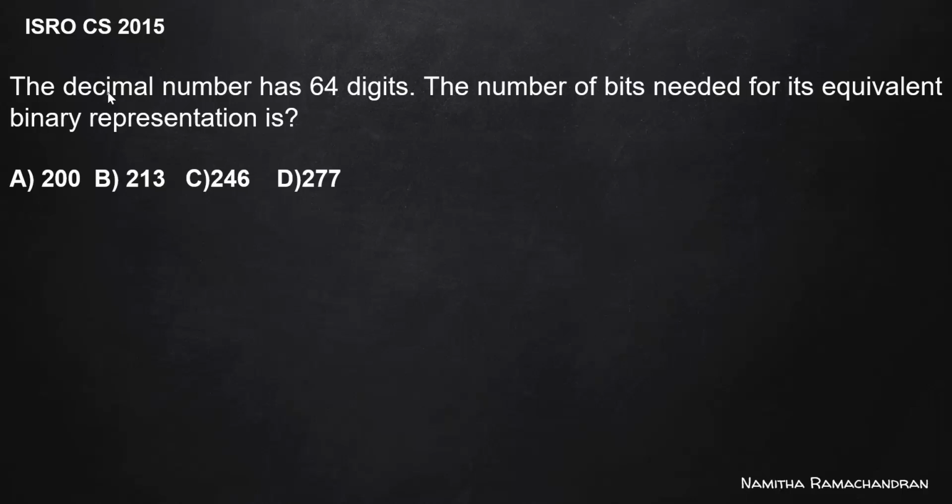Next: a decimal number has 64 digits. What is the number of bits needed for its equivalent binary representation?